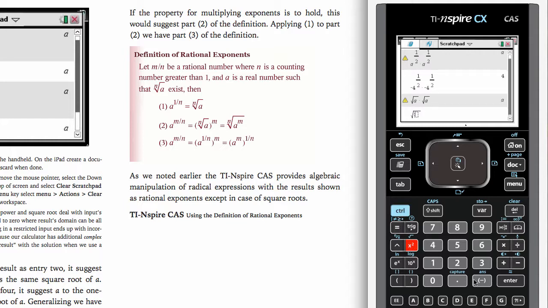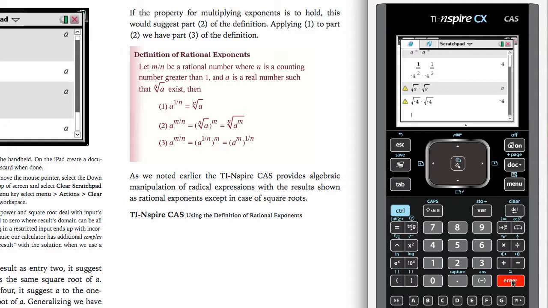So then, let's put in negative 4 inside the square root. Now technically we can't do that because you can't take the square root of a negative, but let's see what happens when we tell our calculator to work this problem out. Hit times, then hit square root, plug in negative 4, press enter, and our calculator tells us the answer is negative 4.